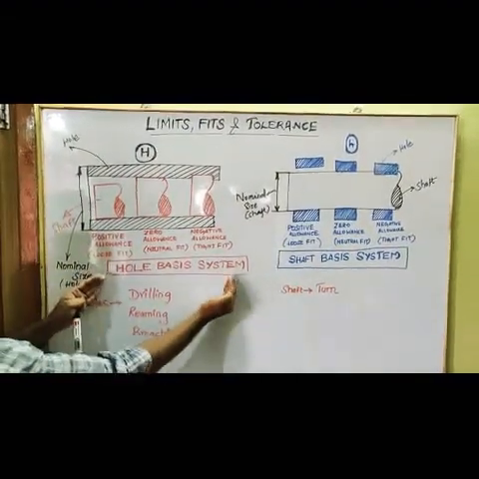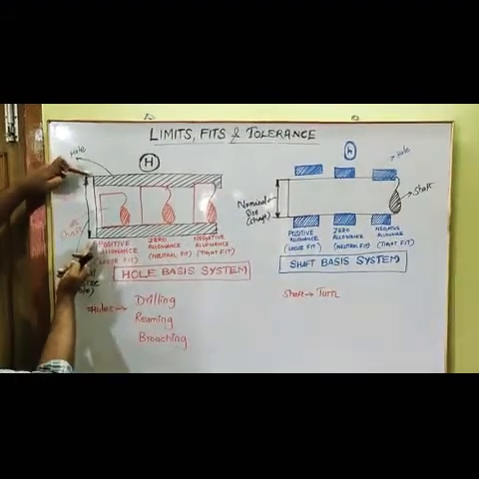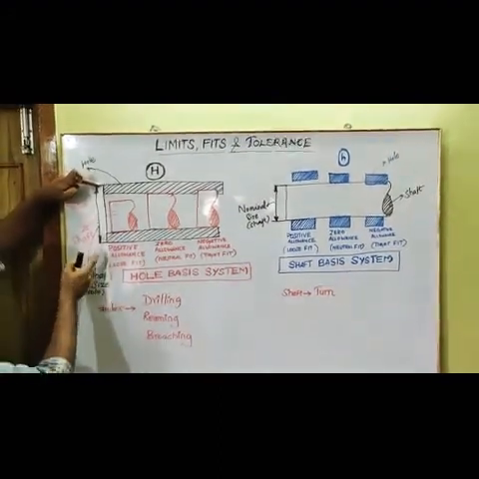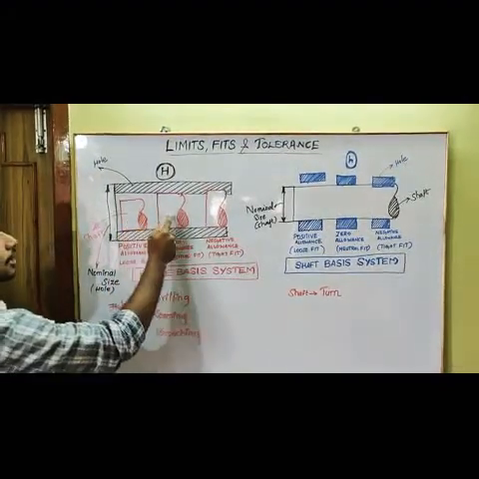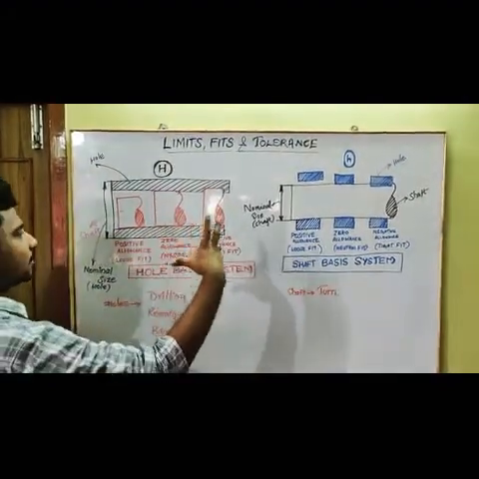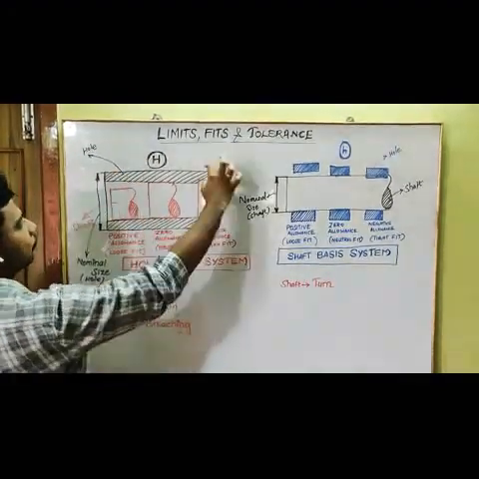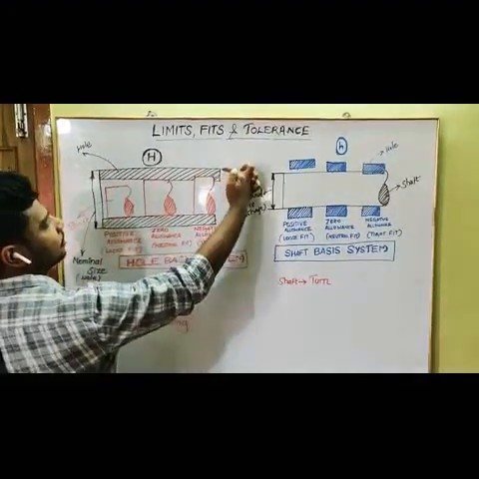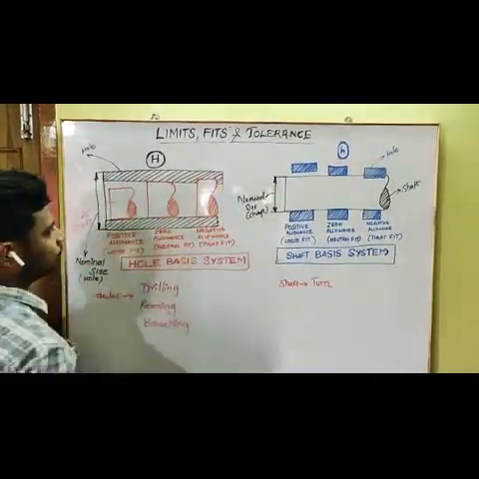This represents the hole's nominal diameter. The nominal size of the hole is kept constant, and we are going to change the diameter of the shaft. This zone is the tolerance zone for the hole, where you can see the upper deviation and the lower deviation of the hole.